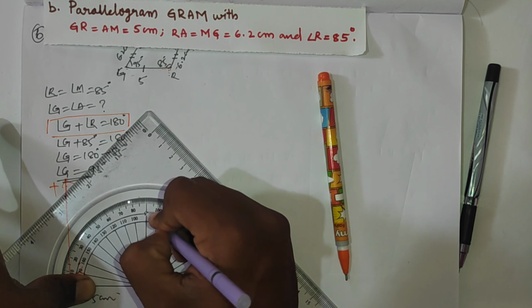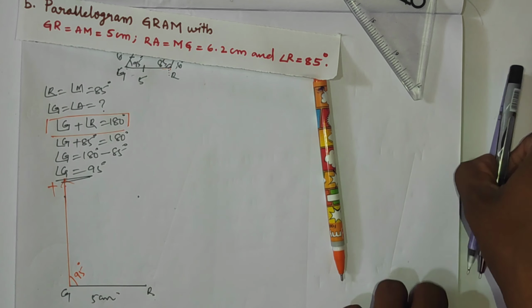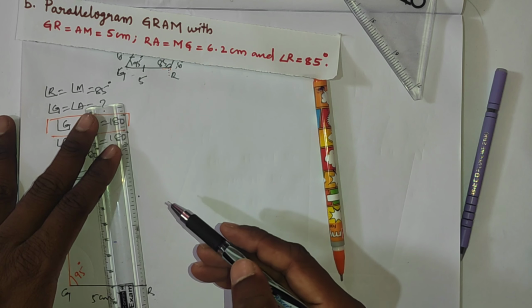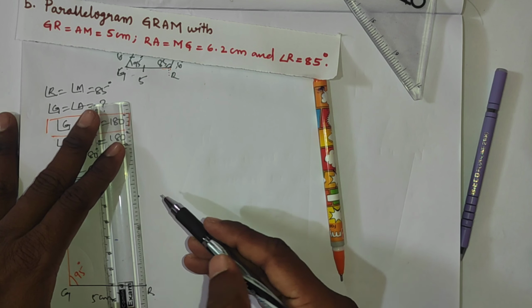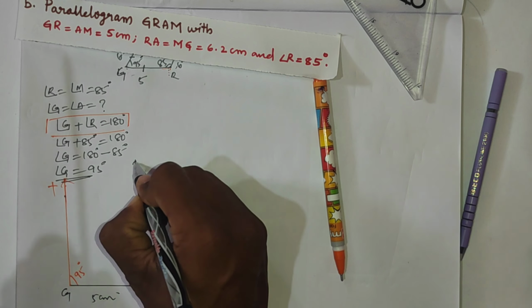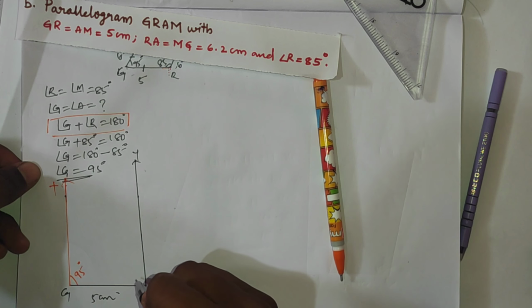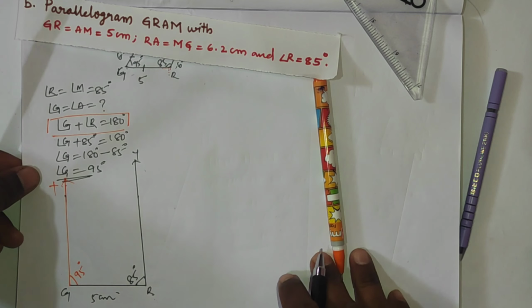Measure the point between 80 and 90, where 85 lies. Now again drawing a ray as RY, nothing but the angle GRY is equal to 85 degrees. Completed.